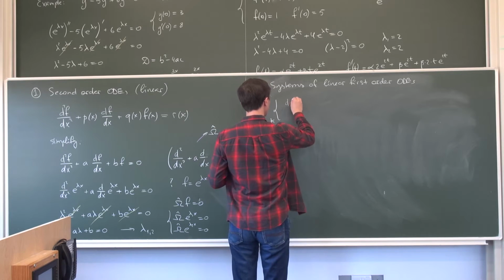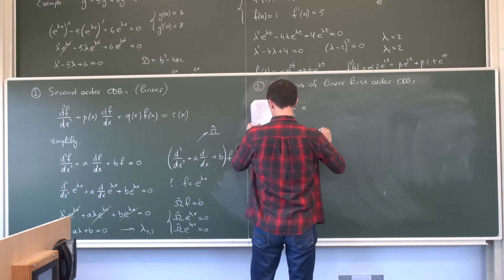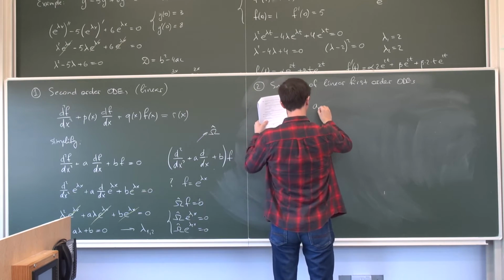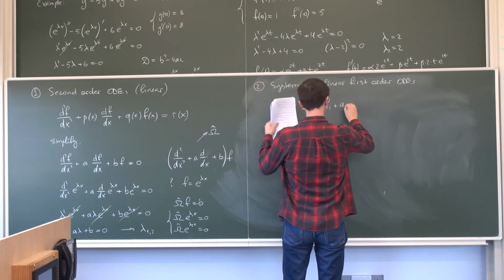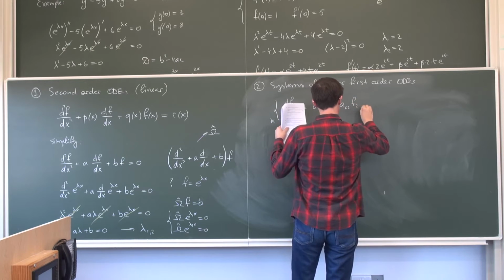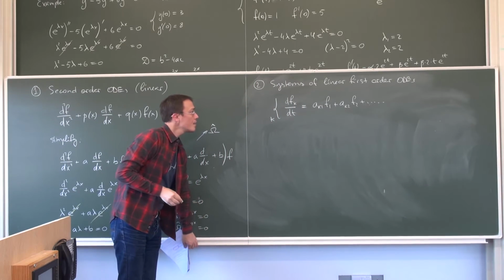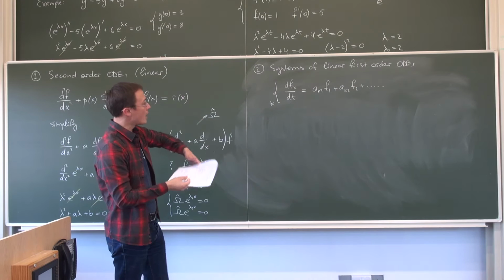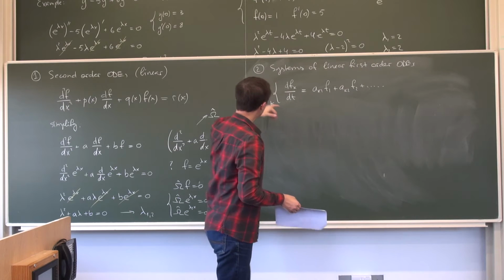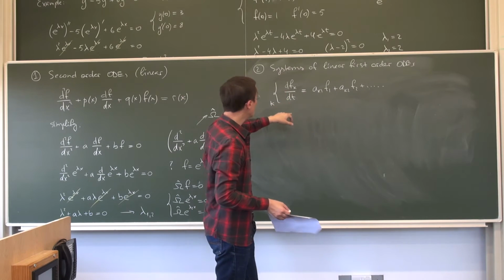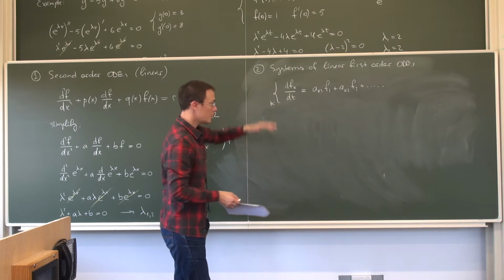So we have d f_k by dt is a_k1 f1 plus a_k2 f2, and so on. What this says is that for k equals 1, that's a11 f1 plus a12 f2 and so on. For k equals 2, that's df2 is a21 f1 plus a22 f2 and so on.